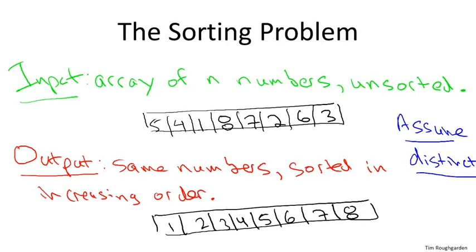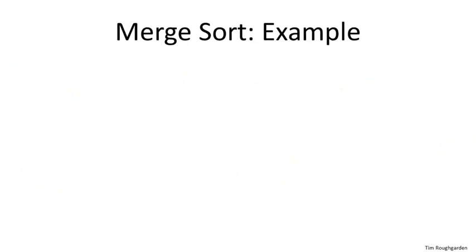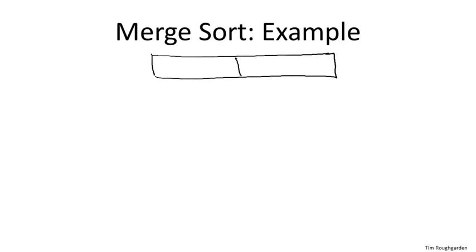Okay, so before I write down any pseudocode for merge sort, let me just show you how the algorithm works using a picture, and I think it'll be pretty clear what the code would be, even just given a single example. So let's go ahead and consider the same unsorted input array that we had on the previous slide. So the merge sort algorithm is a recursive algorithm, and again that means that it's a program which calls itself, and it calls itself on smaller subproblems of the same form.